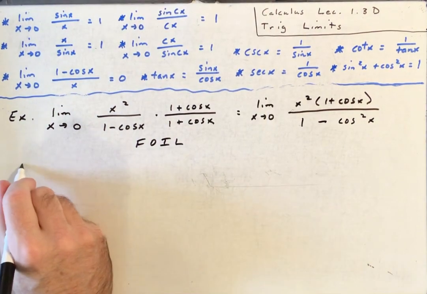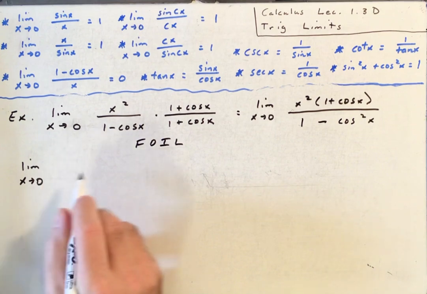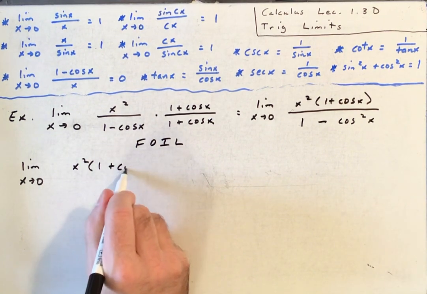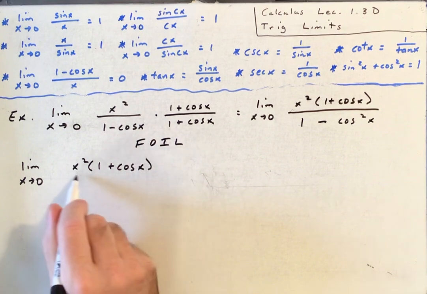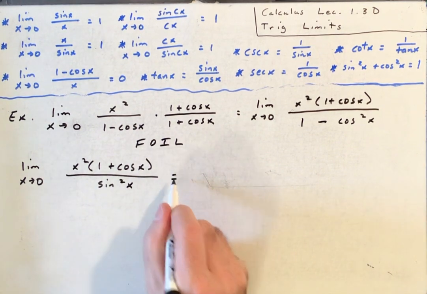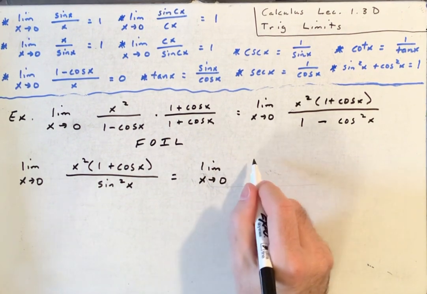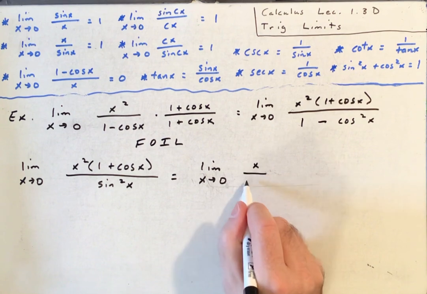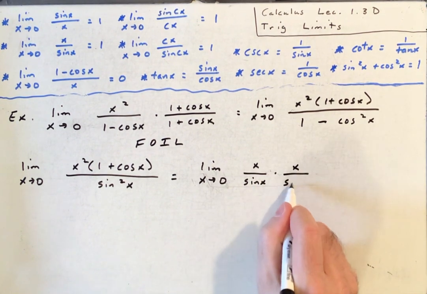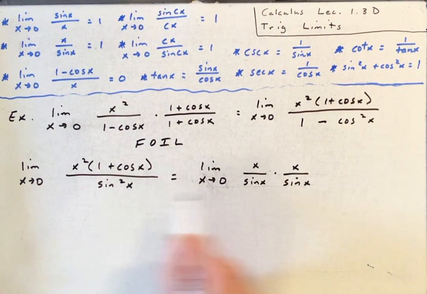So I've got the limit as x approaches 0 of x squared times 1 plus cosine x over sine squared x. And then I'm going to break this up as x over sine x times x over sine x, because that's just x squared over sine squared, right?